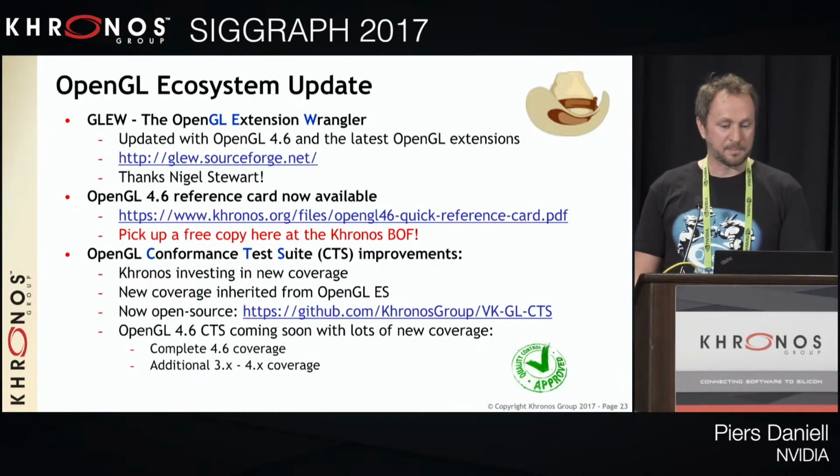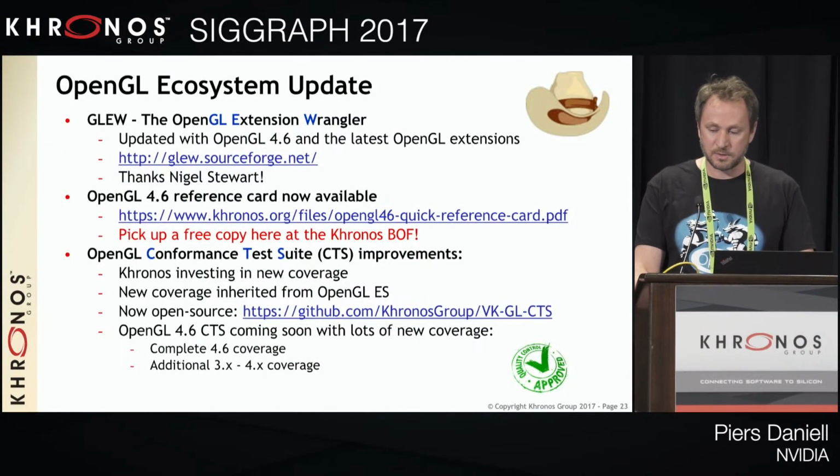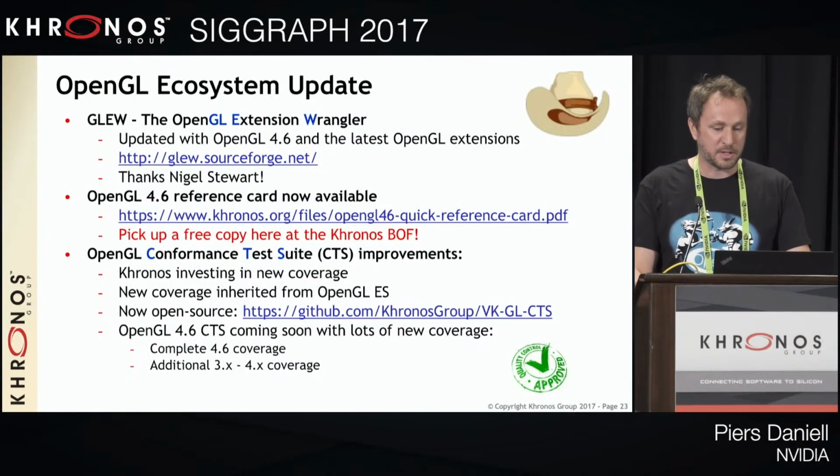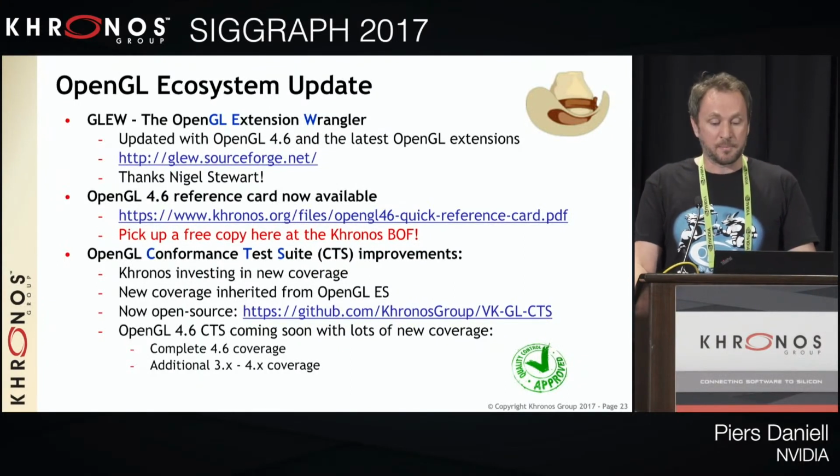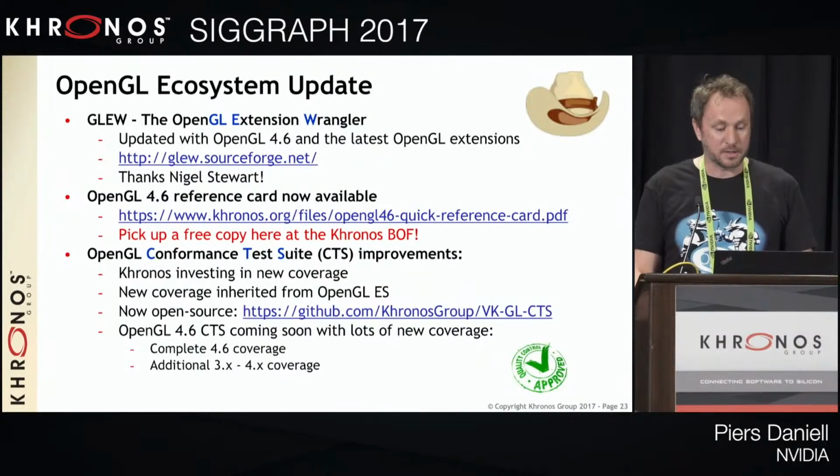And the other thing that is changing in the ecosystem is that Khronos, over the last couple of years, has heavily invested in their conformance test suite. Conformance is very important. It's very important that all the different vendors supply the same experience, the same interpretation of the specification. So we've been investing in more coverage.